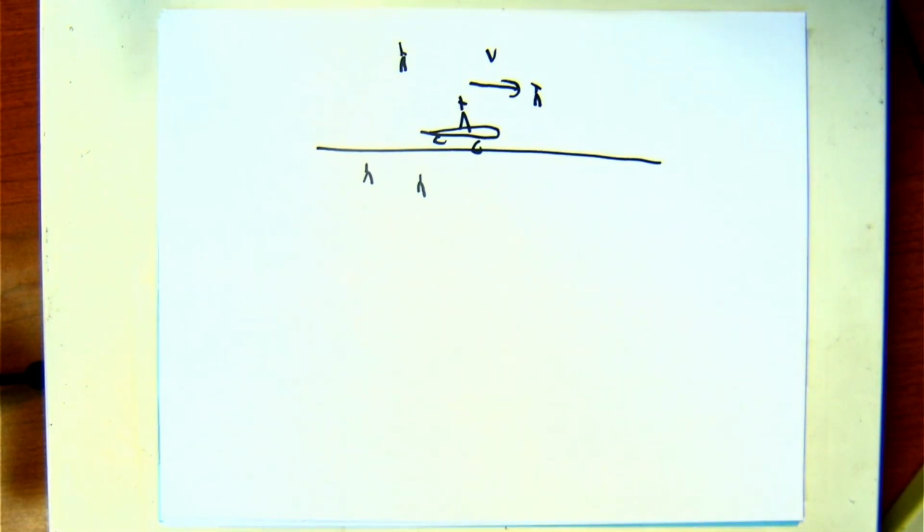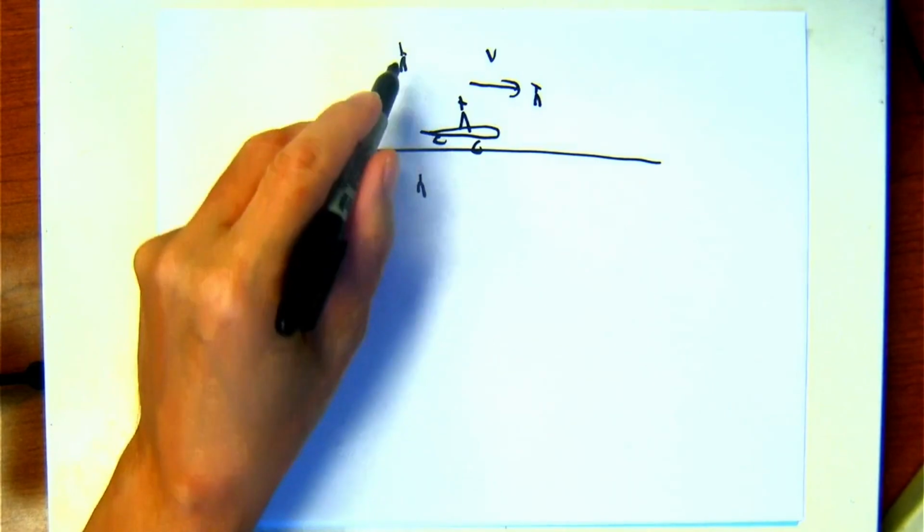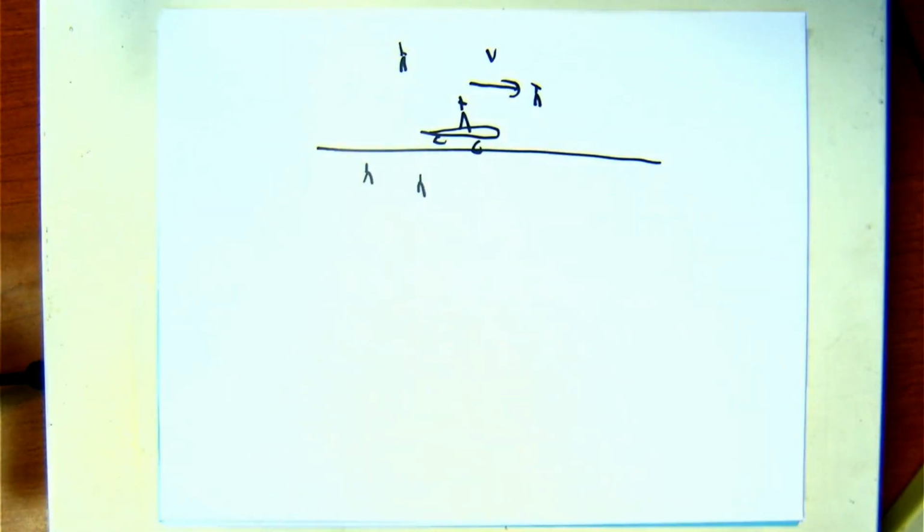Imagine a situation where you had an inertial frame represented by these individuals. There's another inertial frame, the barred frame, moving to the right at speed v relative to the unbarred individuals.